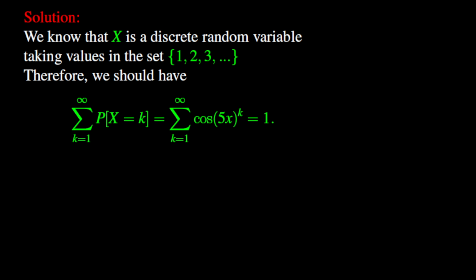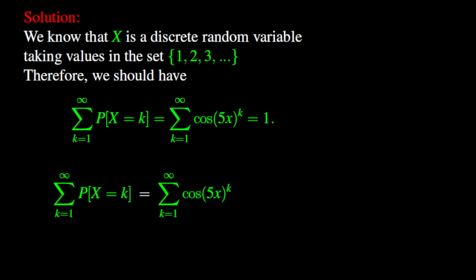In fact, X is a discrete random variable taking values in the set of positive natural numbers. We know that the sum of all probabilities should add up to 1. Then, the sum for k going from 1 to infinity of cosine of 5x to the power k should be equal to 1. The summation of the probability of X equals k, for k going from 1 to infinity, should be equal to the summation of cosine of 5x to the power k for k going from 1 to infinity.